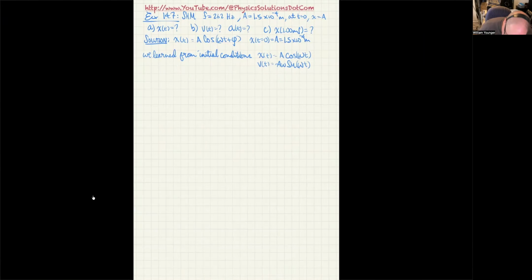All right. So we learned from the initial conditions that that would be the case for this, and we weren't really told anything about the initial velocity, but we can certainly figure out what it would be. We know, for instance, the velocity at t equals 0, since sine of 0 is 0, is going to be 0.